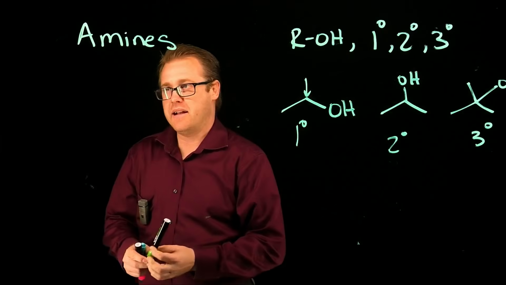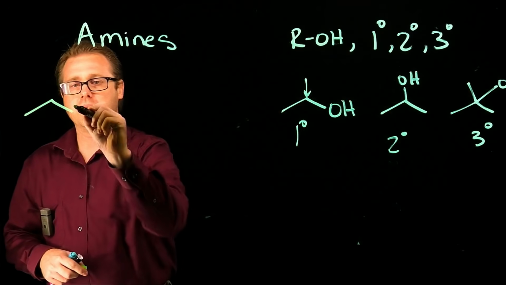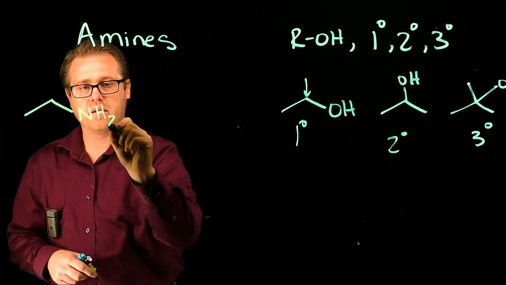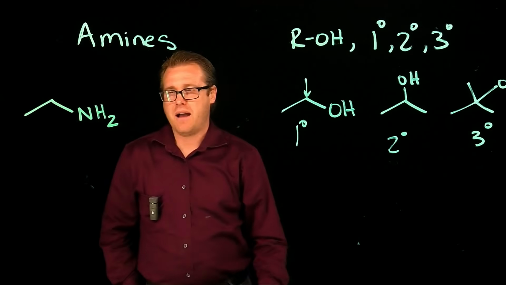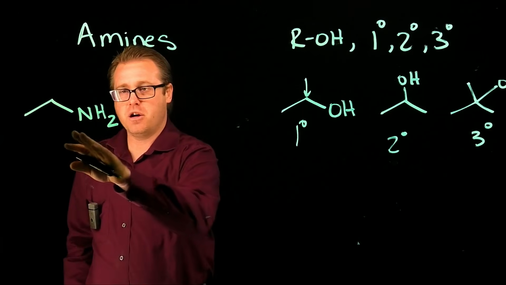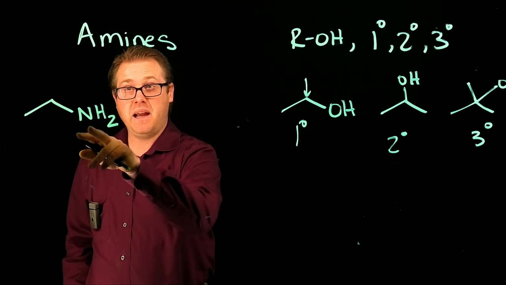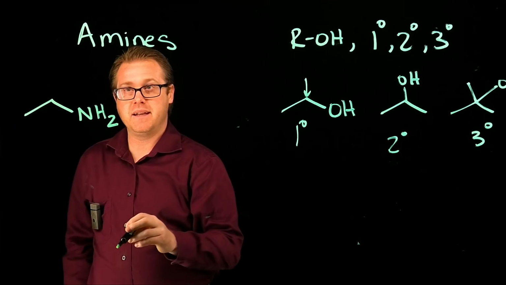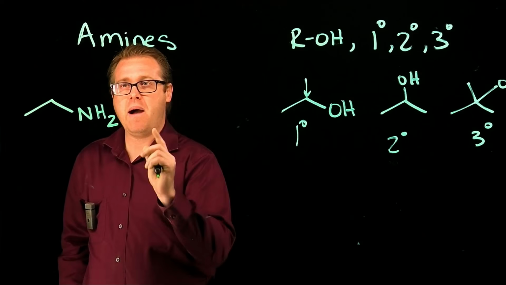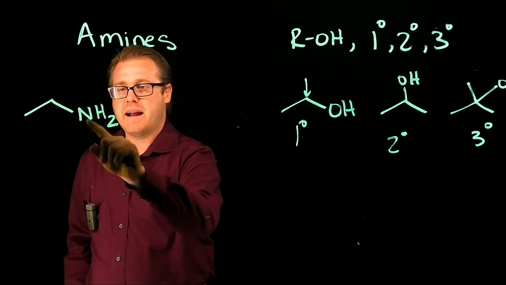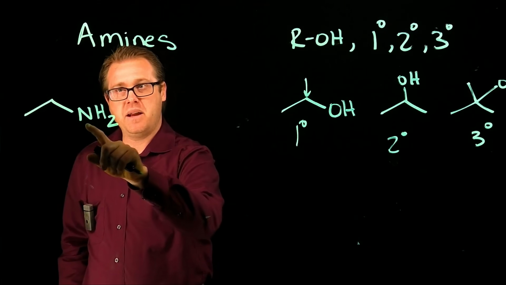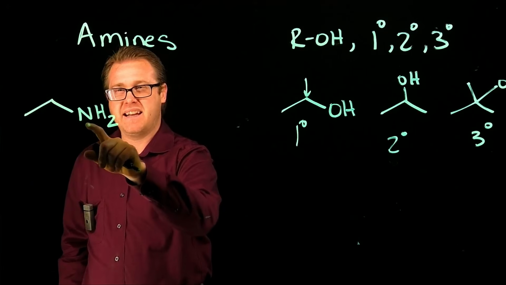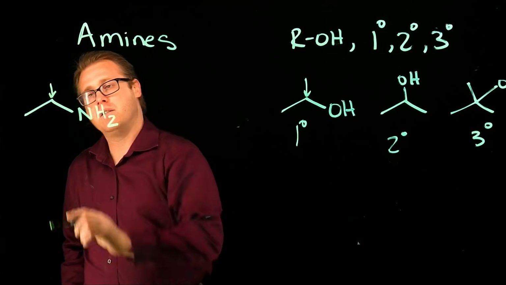But when you look at an amine, okay, that amine right there, the protocol for determining the degree of this amine is really, really simple. You count how many carbons are directly attached to the nitrogen atom. So when we look at this amine right here, how many carbons are directly attached? 1.